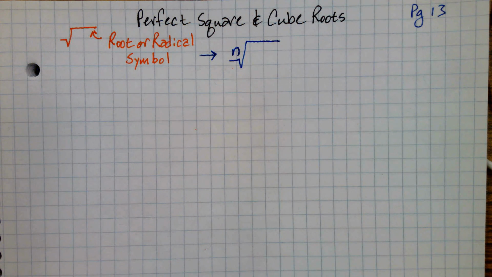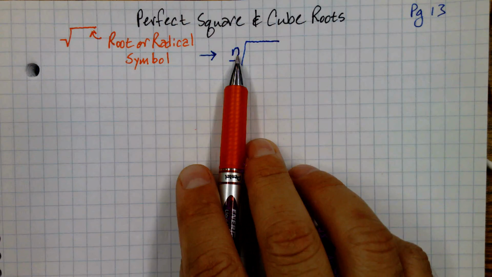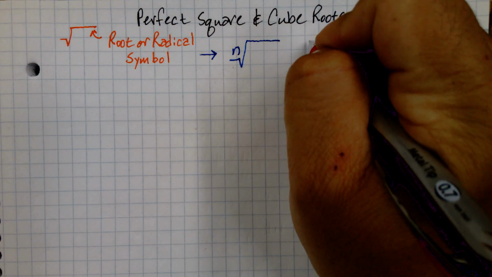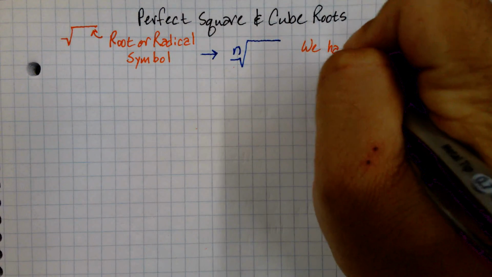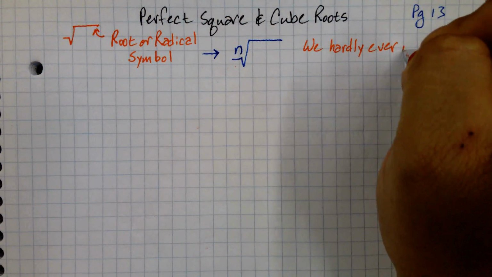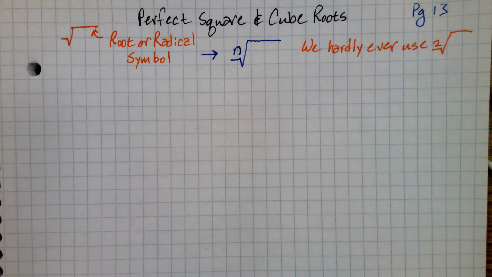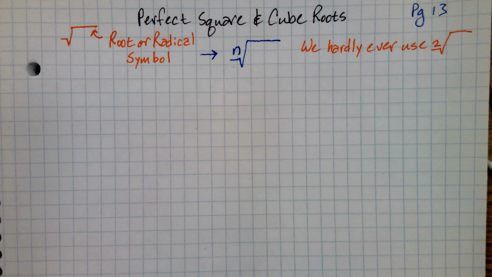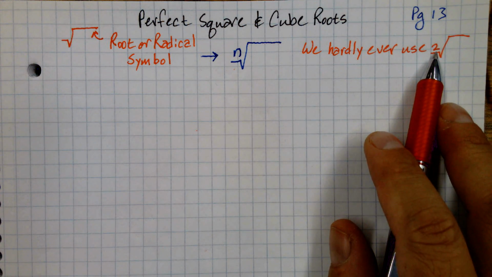Now, I'm going to write something down. It turns out that we hardly ever use a 2 for the square root. Every so often you'll see it, especially if it's an old textbook or something. But really, you never see the 2 for square roots.